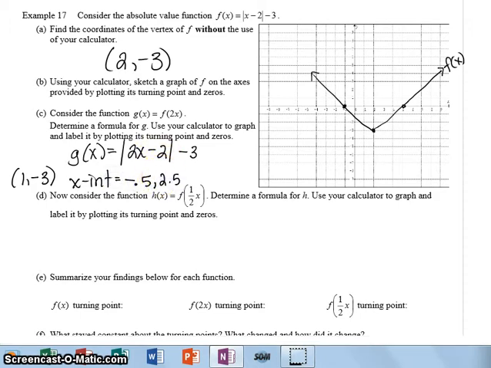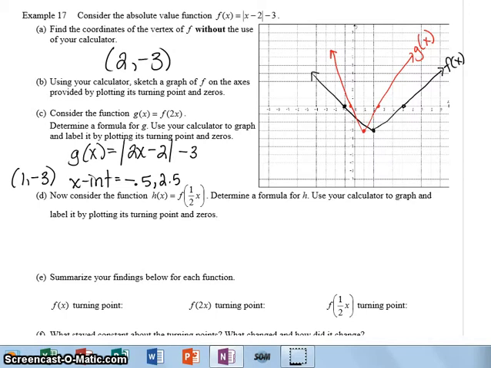So now I'll switch colors to keep this straight. So the vertex is at 1, -3, but the x-intercepts are at -1/2 and 2.5. As you can see, it's getting a little narrower, okay?